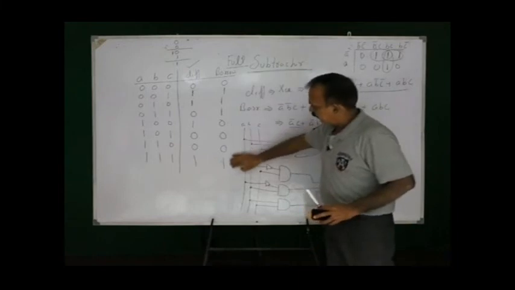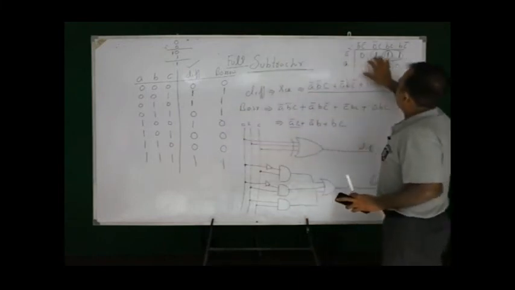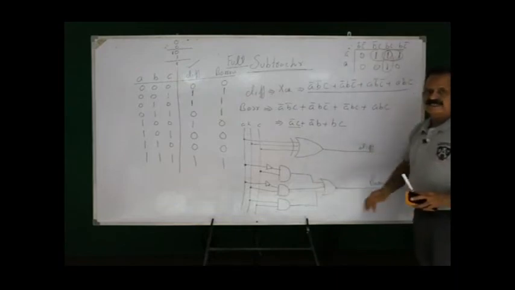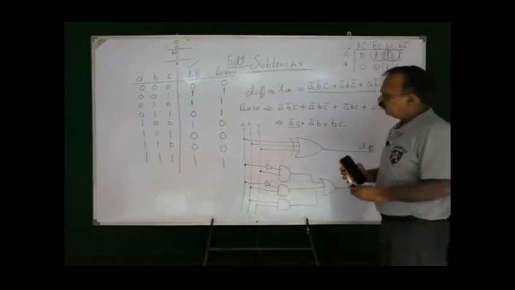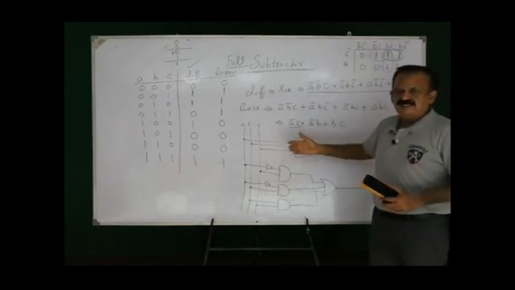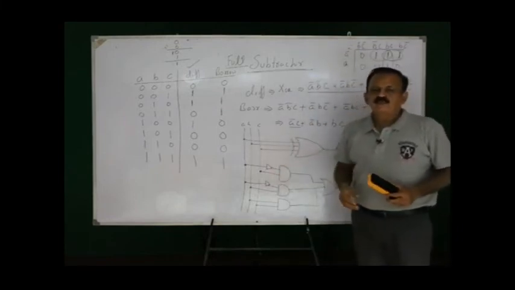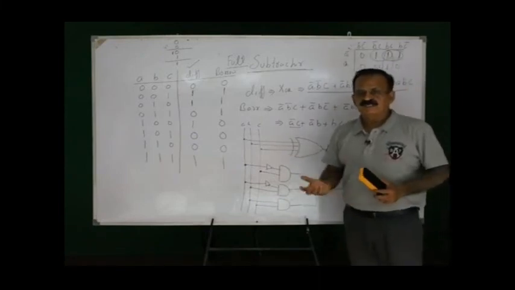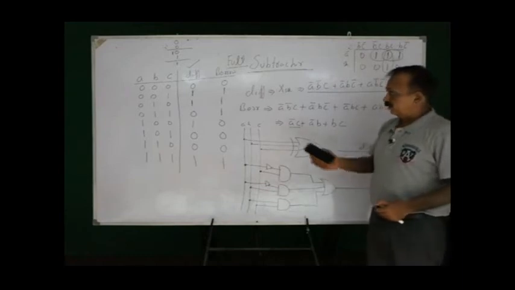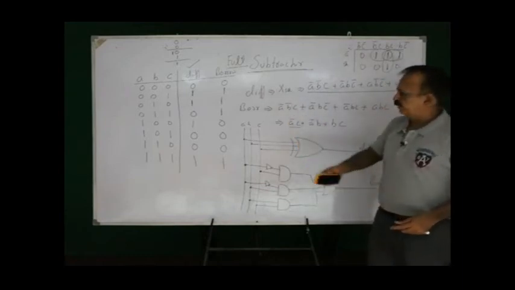For this expression we simplified it by using K-map, and then a circuit is designed. No doubt we can implement this circuit with the help of universal gates, NAND gates, because it is in the form of sum of product.